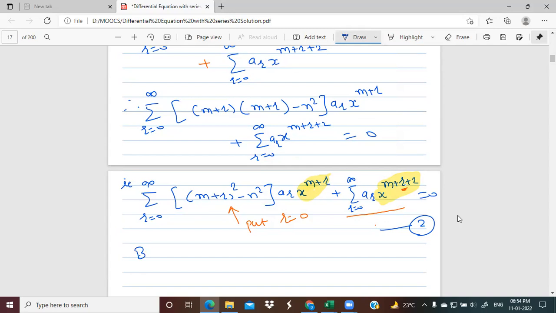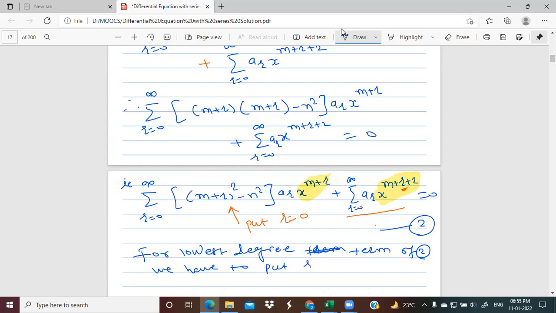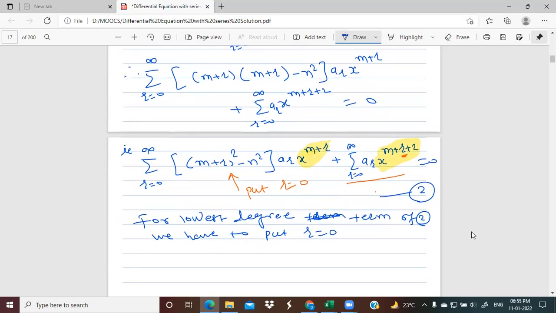For the lowest degree term of x in equation 2, we have to put r equal to 0.